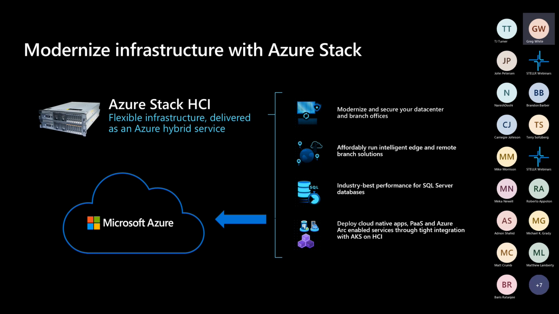So you're looking at Azure Stack HCI. Again, it's a flexible infrastructure designed to deliver these Azure hybrid services. So it should be your go-to solution whenever you realize a customer has any type of on-premises component they need to work with. And again, it really marries back into the cloud.